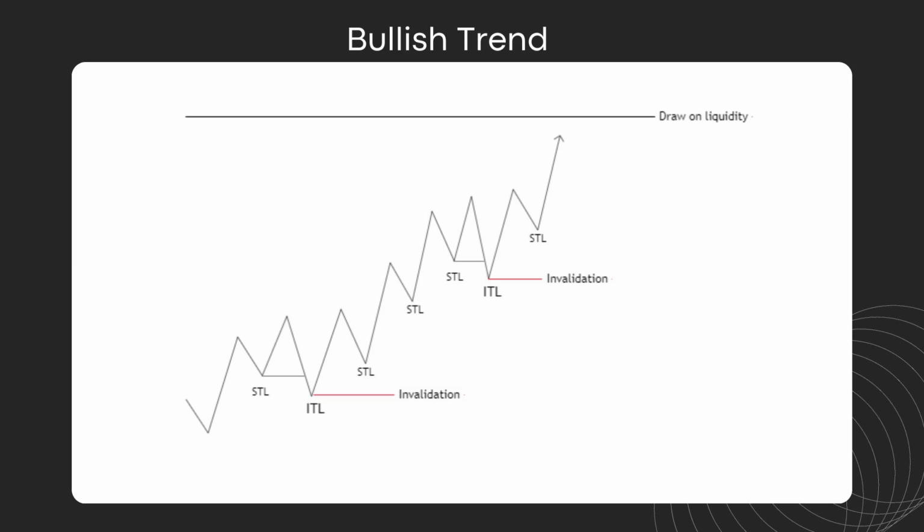If it's a high, then it's a short-term high, but if it's a low, then it's a short-term low, right? So that's basically how we classify short-term highs and short-term lows. It's pretty basic, right? The way it gets advanced is when we add intermediate-term swing points, or intermediate-term highs and intermediate-term lows. And there's a unique way to classify these highs and lows, right?